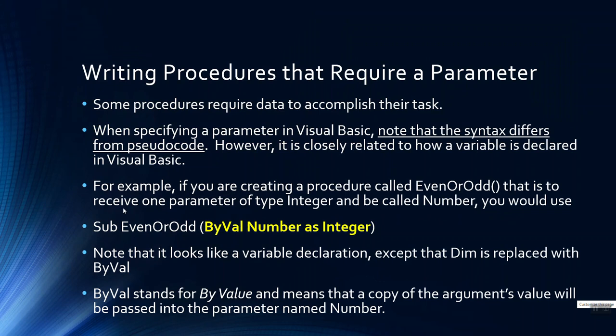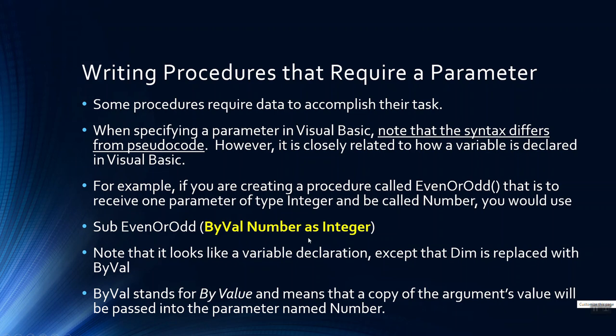So down here, third from the last bullet point, would be the header of the definition of even or odd. It's a sub-procedure, its name is even or odd, but notice in between parentheses we have one parameter. The parameter name is number, its data type is integer, and ByVal means that a copy of the argument's value will be passed into this parameter named number.